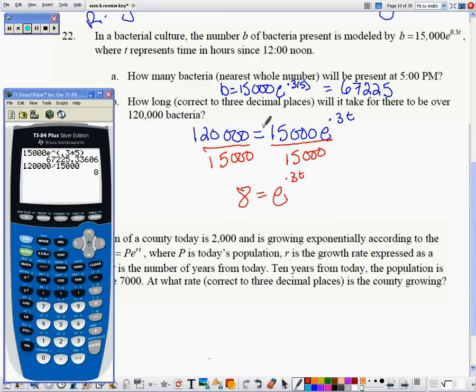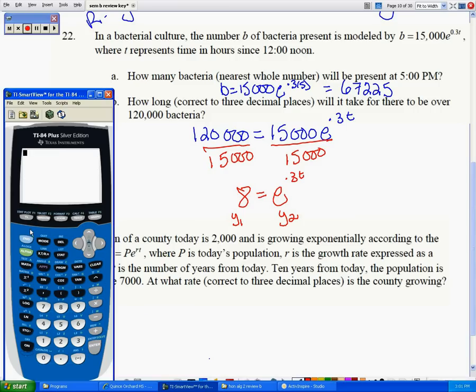So from here, I could use my calculator graph to solve it. I'll show you both ways. If I put this in y1 and this in y2, I can find where they intersect. I find putting 8 equals e to the 0.3t easier than the humongous numbers at 120,000, so I don't have to play with my window as much, but both would work.